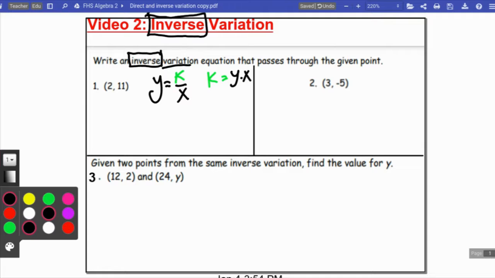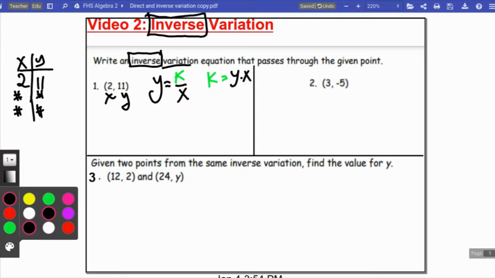All right, so what am I doing here? Writing the inverse equation that passes through this given point. No big deal. Think about this given point as, remember how we did earlier in the table? I had tables, some numbers. This one, they just give me a point. I don't know the rest of those numbers, but at least I know this is x, this is y.